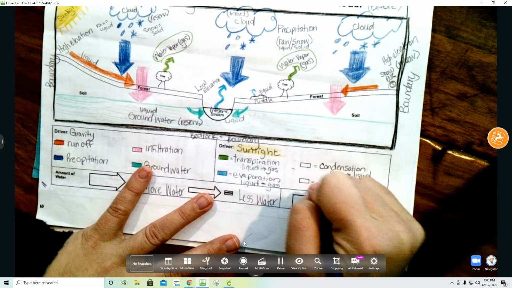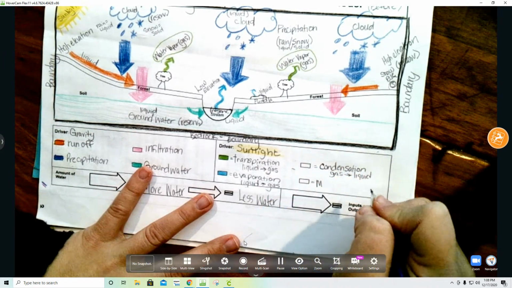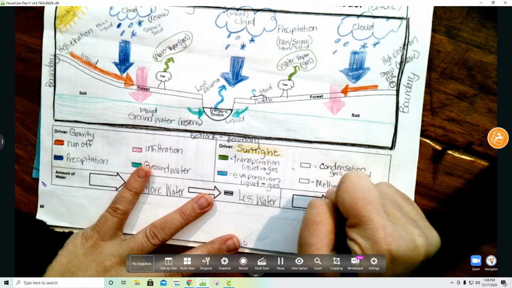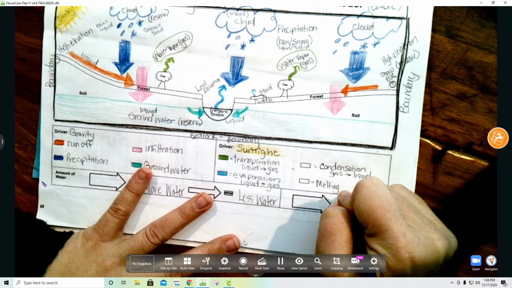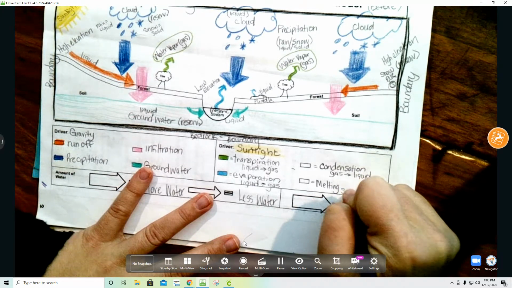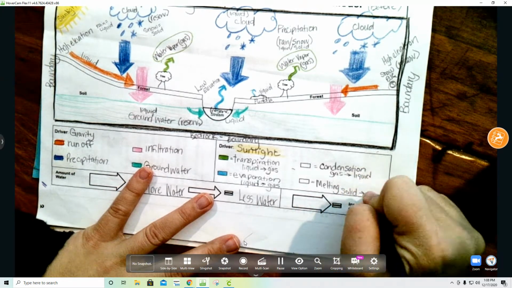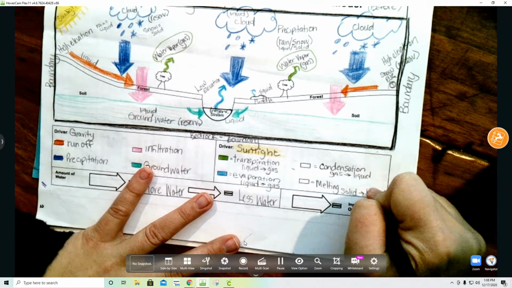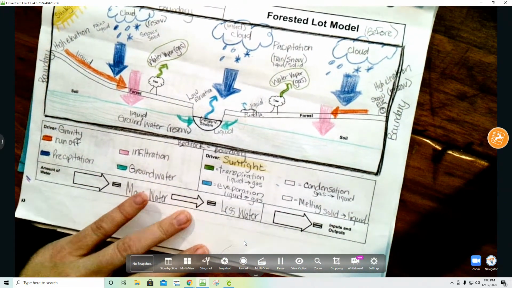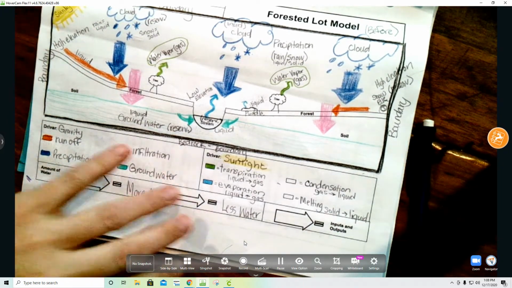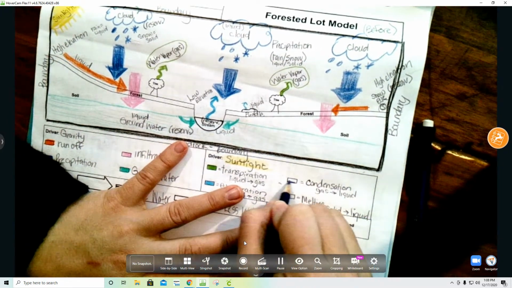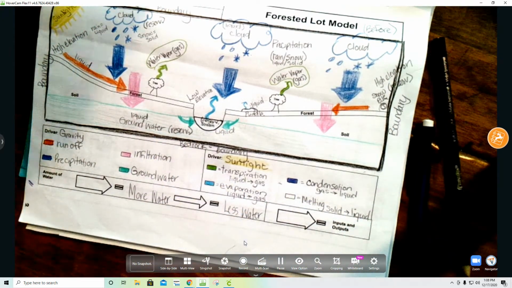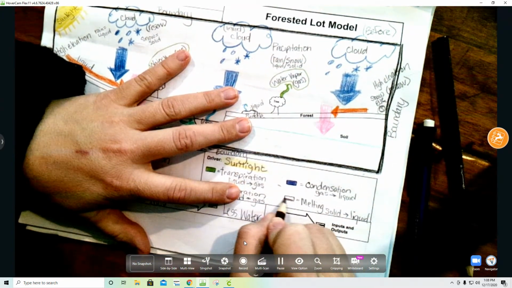And then melting is solid to a liquid. Okay. All right. So condensation, we're going to mark as purple. And then melting we'll do as brown.